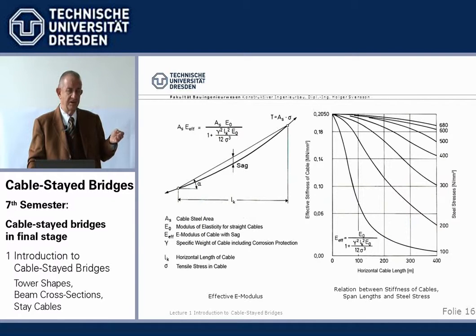the steel, and we have an effective modulus of elasticity, which is smaller than the basic elasticity, say, of a vertical cable, in the range of stress to the power of 3. That is important.